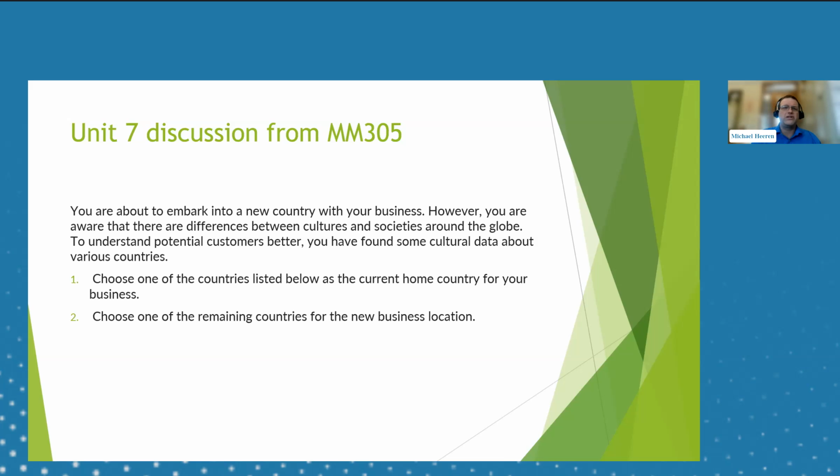So they're already pretending that they have a business. They're going to think about some cultural differences between where they are, where their business is, and also the place that they want to go to.